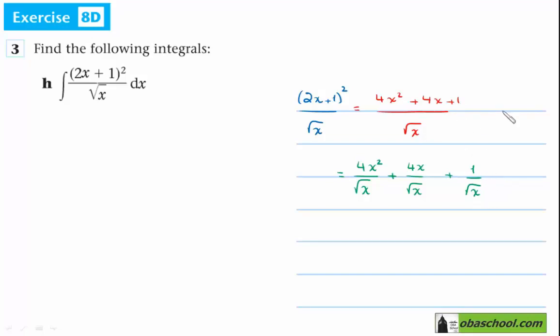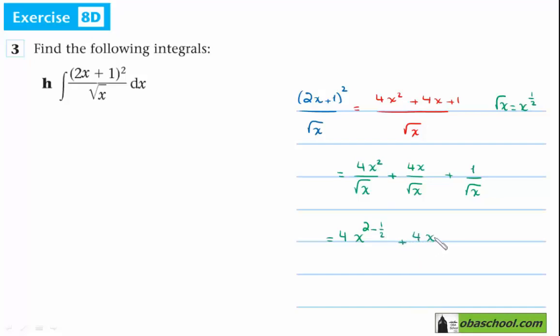Therefore, now we have 3 fractions, but we already know that the square root of x is equal to x to the power half. So now we have a common base that is x, so we can subtract the powers from each other. So we get 4x to the power 2 minus half.